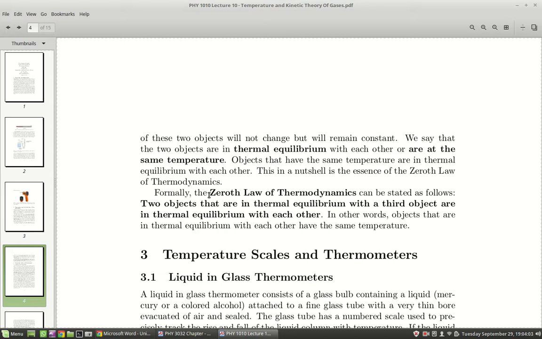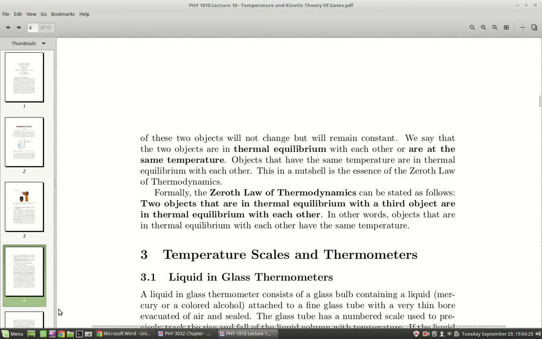Then we conclude that object 1 and object 2, through object 3, which is the thermometer, have the same temperature.